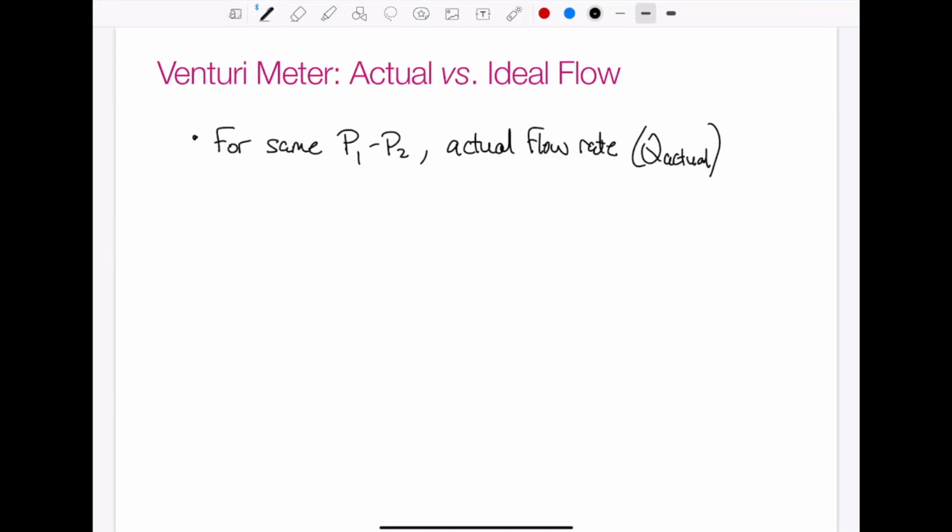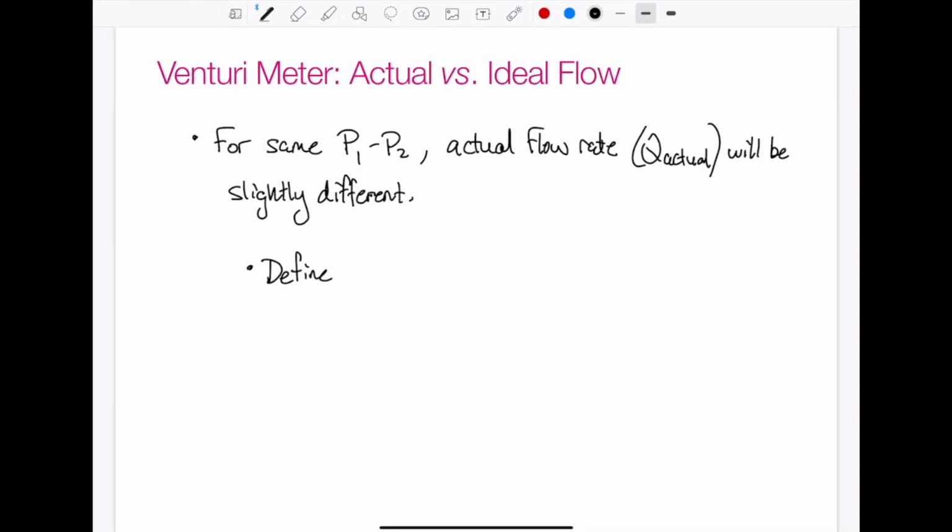And it'll be slightly different. And we can introduce a coefficient called the Venturi or discharge coefficient that relates the actual flow rate and the ideal flow rate.